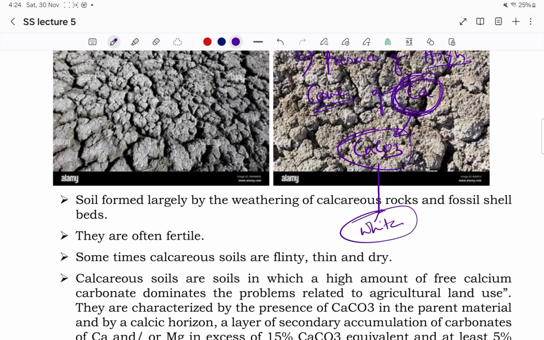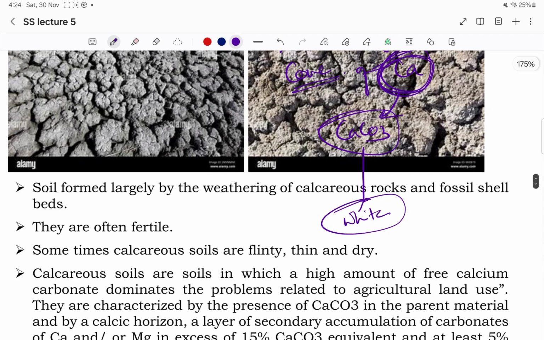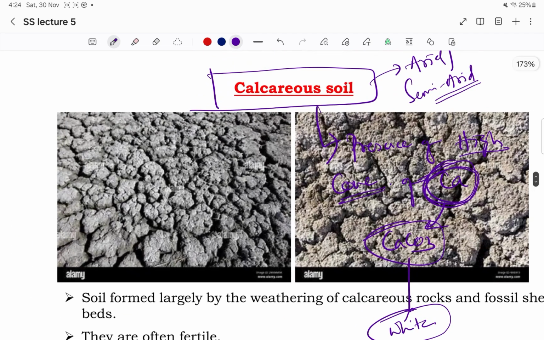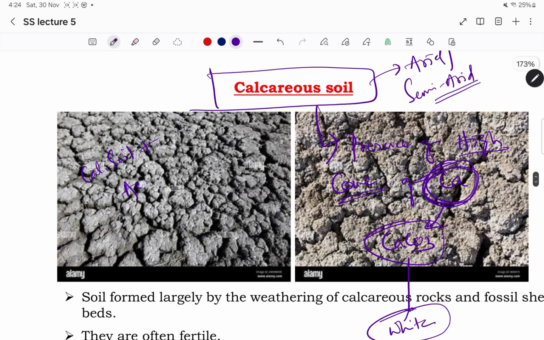In order to identify whether the soil is calcareous or not, we can easily identify it because calcareous soils, when treated with acid, it can be H2SO4 or HCl, form froth, or there is a formation of bubbles.